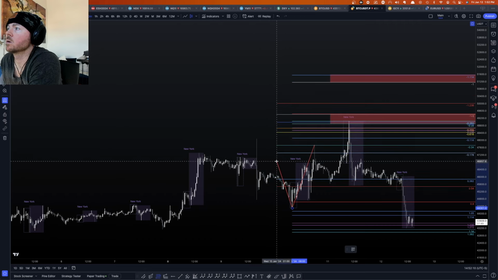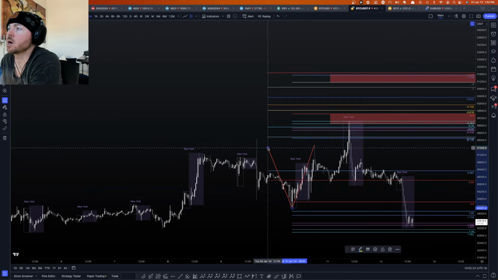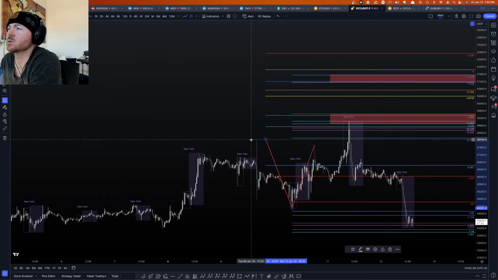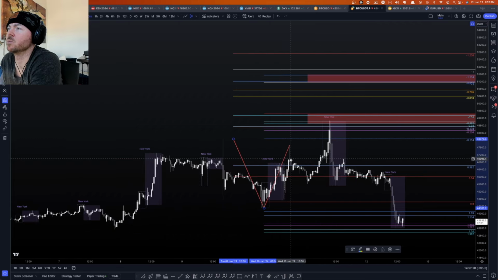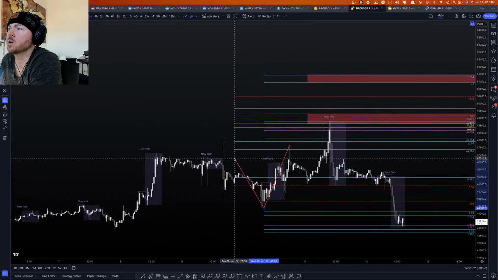Oh yeah, this is what I did. Okay, so I did a scalp pull here, and I saw that there was a reaction here. I know this high goes all the way up here, but I never pull scalp pulls to the very high of a move anyway. I'm always looking for a lower high to pull it from.